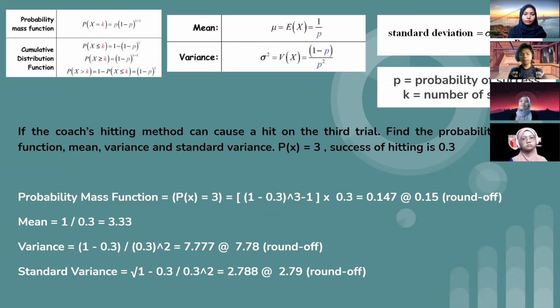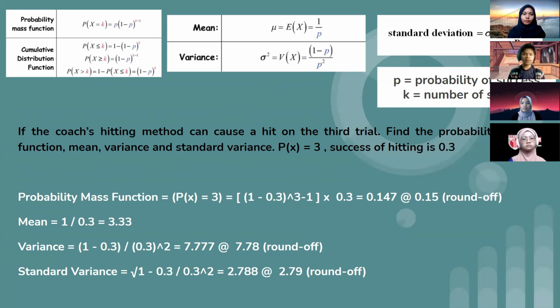We just plug in the given data, x is equal to 3 and p is 0.3. Putting the data into the formula, you will get the probability mass function equal to 0.147, which rounds off to 0.15.